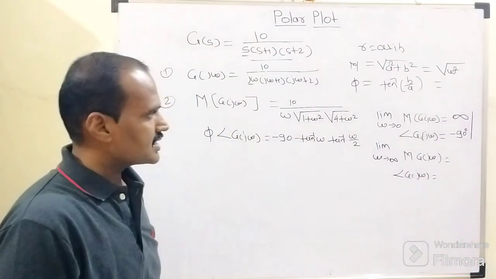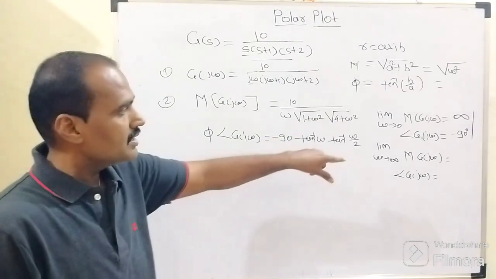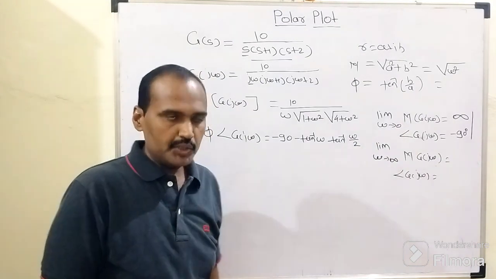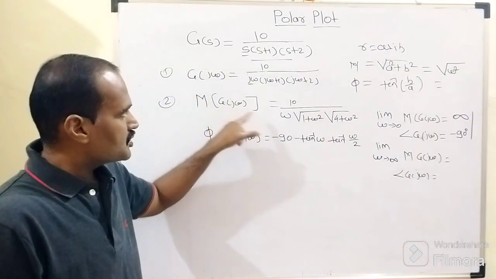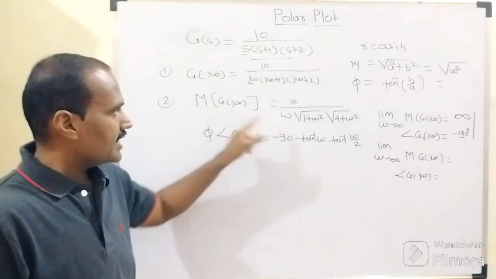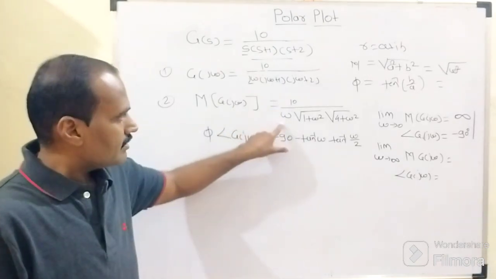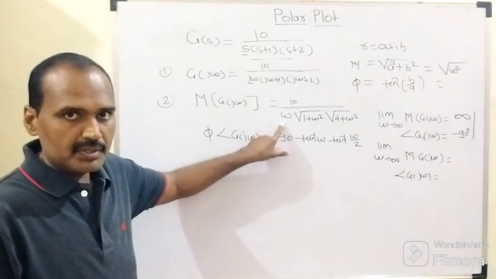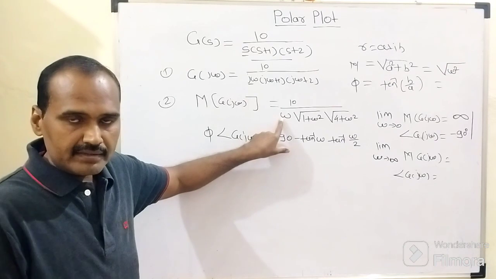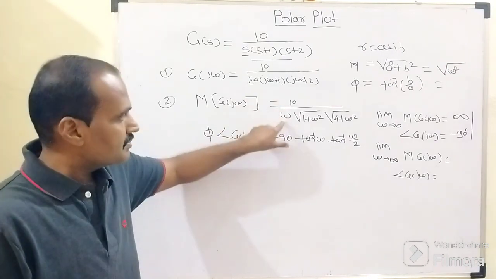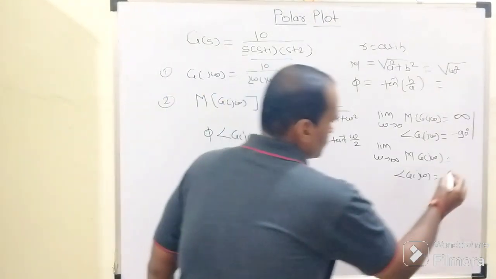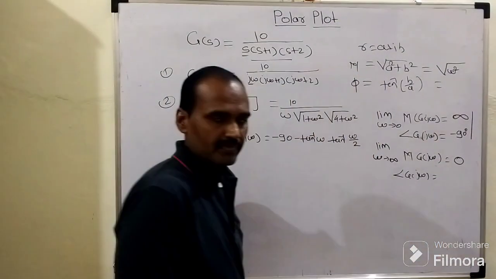Similar to the first case in which omega was replaced with the value 0, now it's time to replace omega with the infinite value, right? So here the magnitude will become 10 upon infinity. Something divided by infinity equals 0. So here I will write 0.